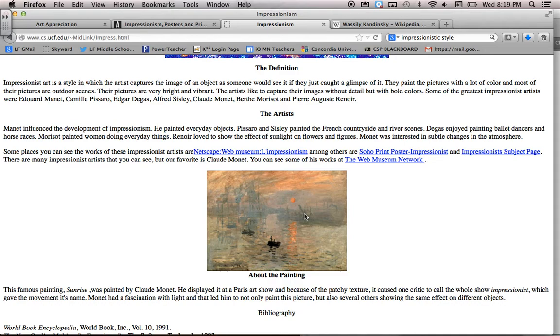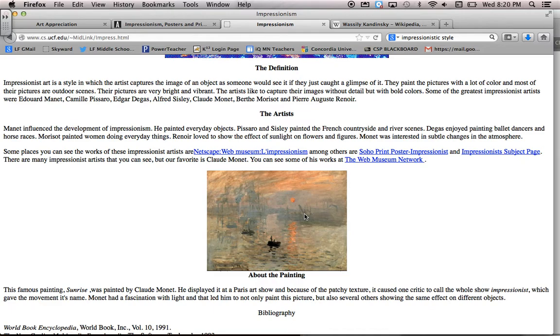Pissarro and Sisley painted the French countryside and river scenes. Degas enjoyed painting ballet dancers and horse races. Renoir loved to show the effects of sunlight on flowers, and Monet was interested in subtle changes in atmosphere. So all of these artists in the category of Impressionist as a style had a lot of different subject matters that they created.